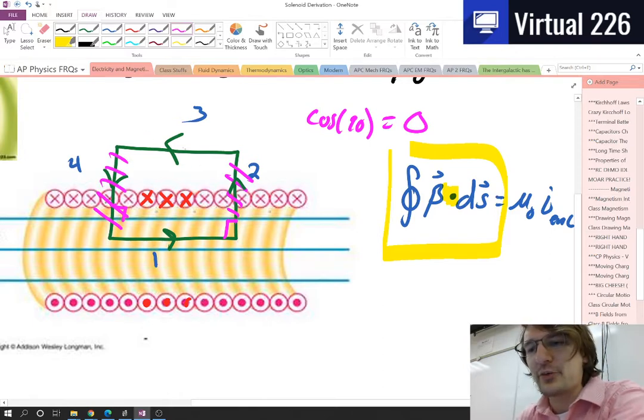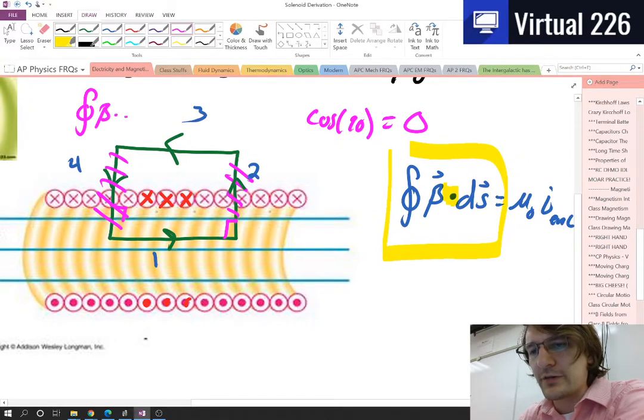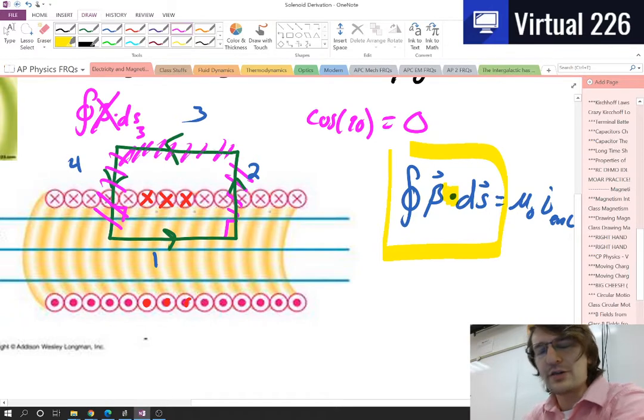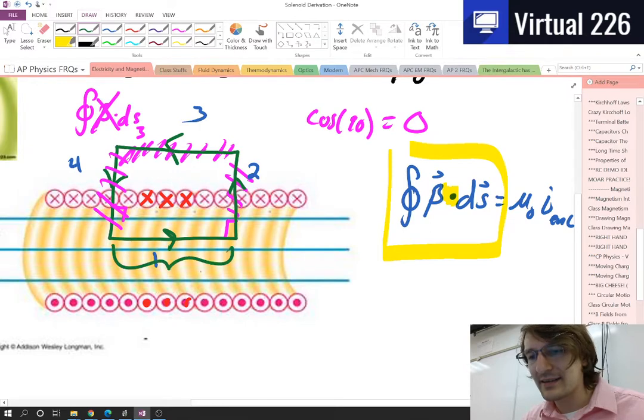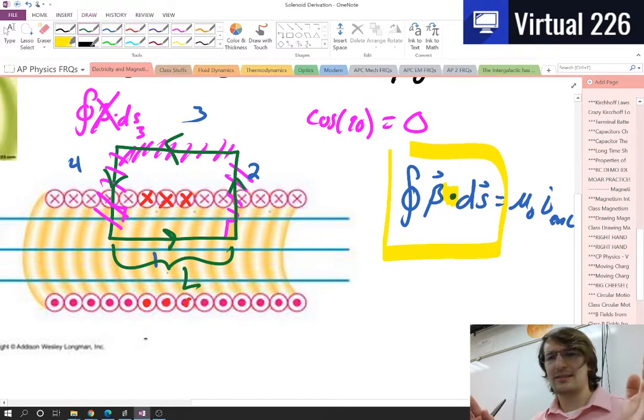If we look at path 3 out here, if we were to take that closed loop integral of the B field and then that path for 3, the B field out here is 0. 0 times anything is 0, so this doesn't exist out here either. The only thing we actually care about is this length in here, L. And if we're just adding up a length, that's really similar to if I had a pumpkin roll and I chopped it up and then I put it all back together.